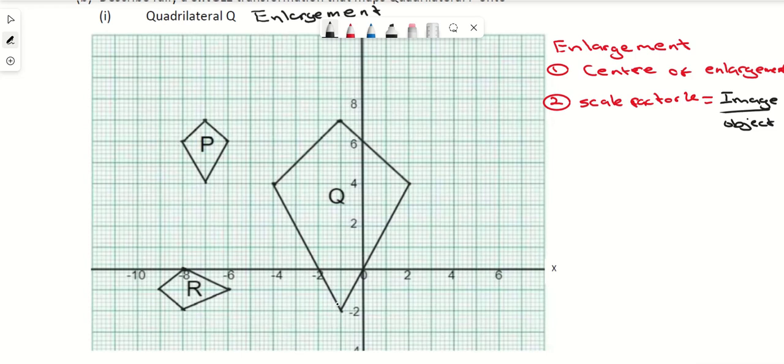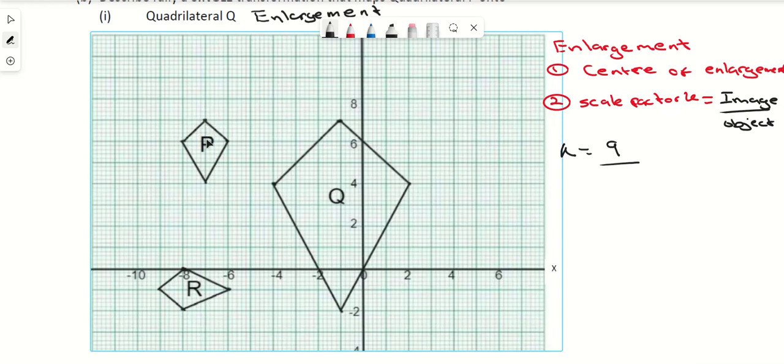K is equal to 9 divided by my object, which is 1, 2, 3, 3 units. So K is 9 divided by 3, which is equal to 3. My scale factor for P to Q is 3.